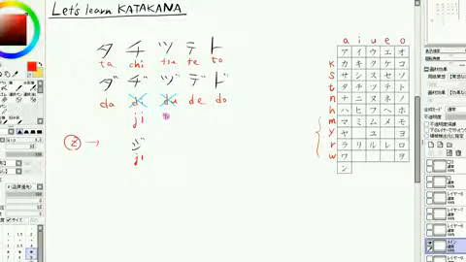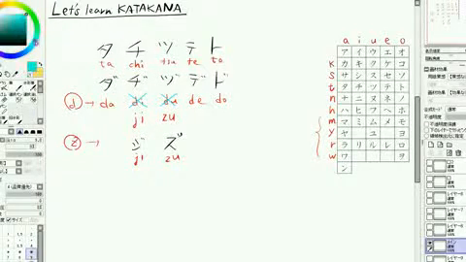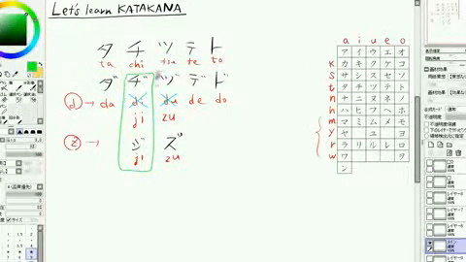That means it has to be again zu. Exactly the same as the sound we've seen in su plus the voiced marker. So in the D row and the Z row, these two characters can mean almost the same sound. Maybe theoretically they are different, but I don't know. We just pronounce them exactly the same, okay?